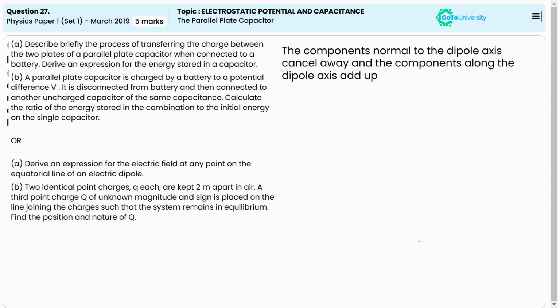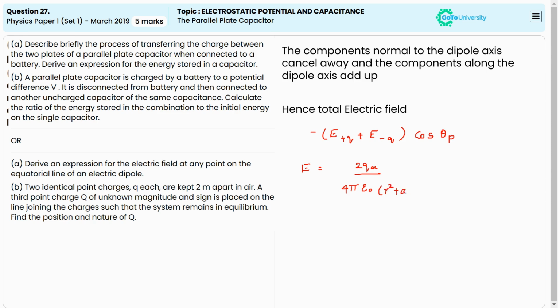Then the components normal to the dipole axis cancel away, and the components along the dipole axis add up. Hence the total electric field is given by minus of E of plus Q plus E of minus Q times cos theta, which will give the result E is equal to 2Qa upon 4 pi epsilon naught times r square plus a square to the power of 3 by 2 times p.